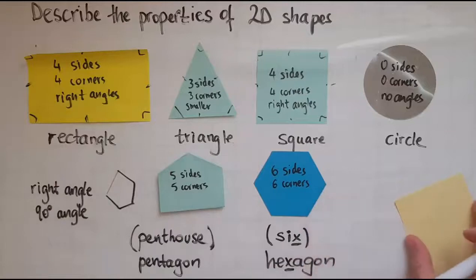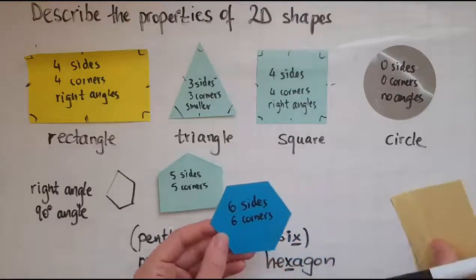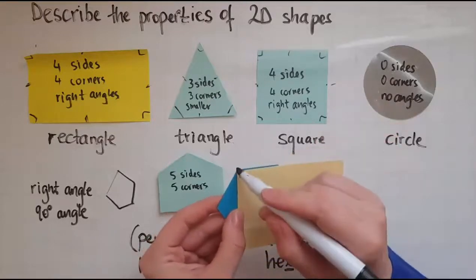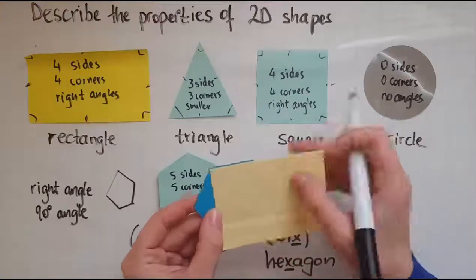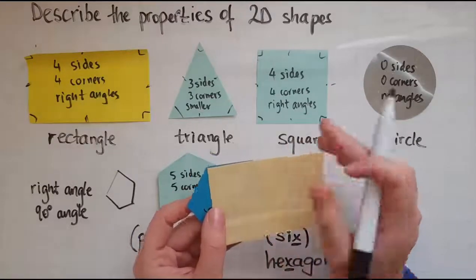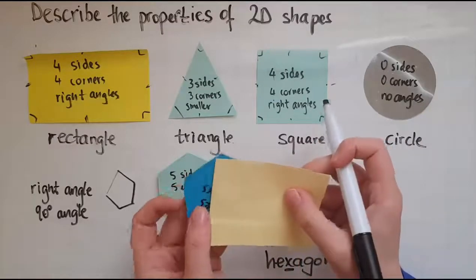And if we look at a hexagon, let's try and fit this in. That is definitely bigger than 90 degrees. And this is bigger than 90. And this is bigger than 90.